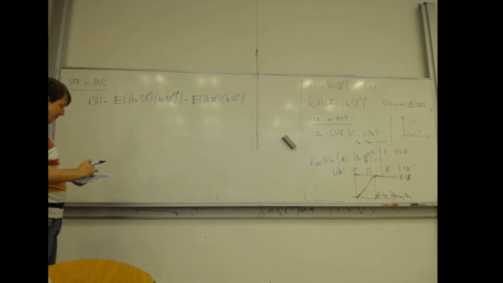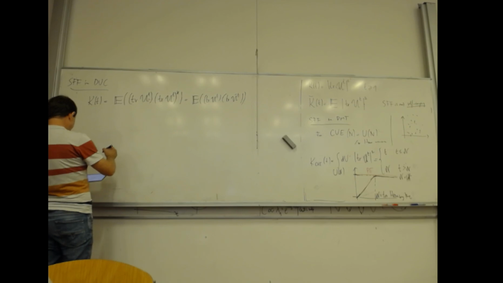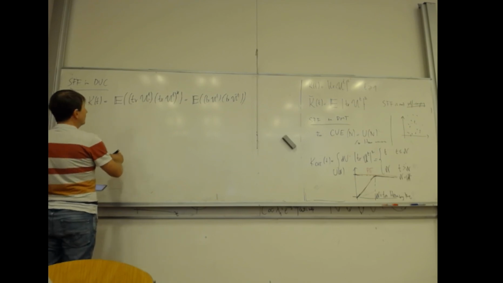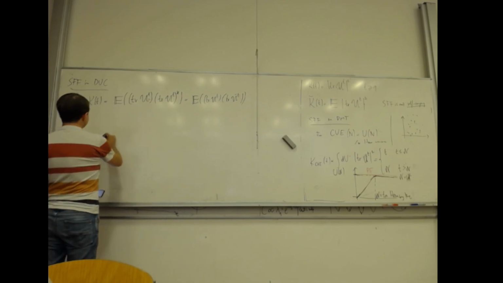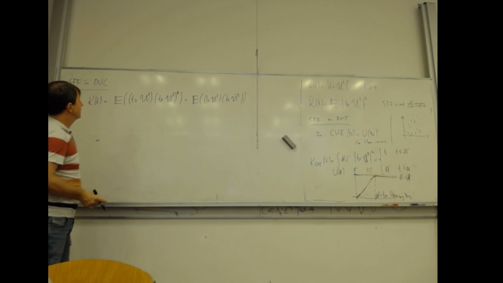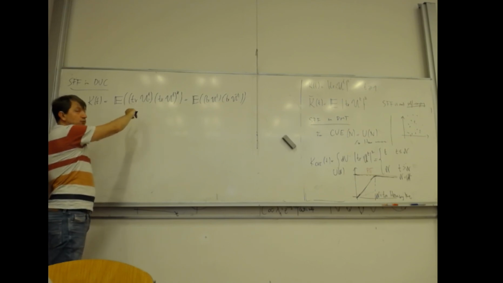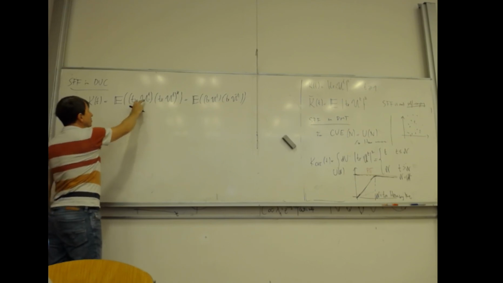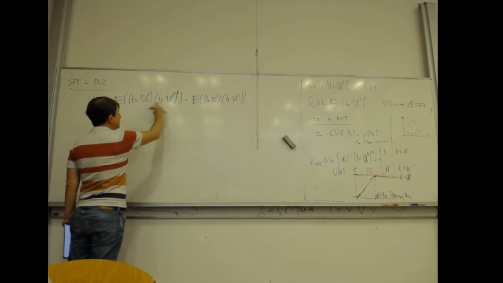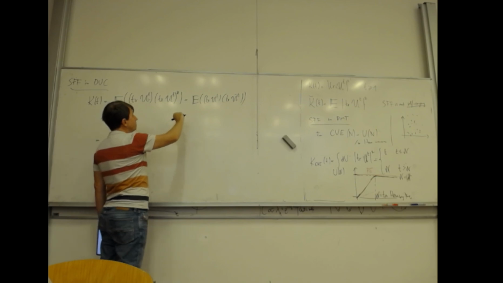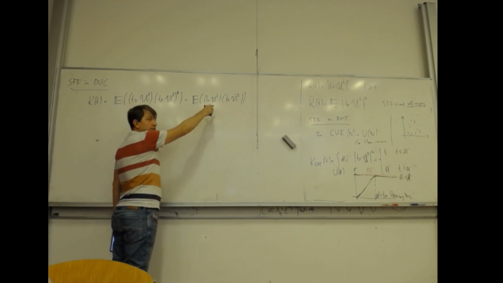Okay, so now I will write the diagram, and then we'll discuss this further. Basically, we will write two traces. The spectral form factor is a two-replica object, so we have two traces, and then we average over the product, right?